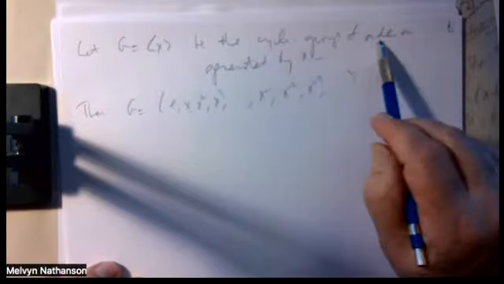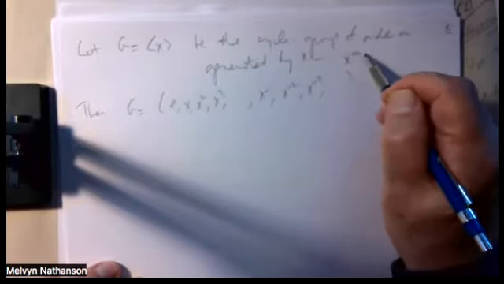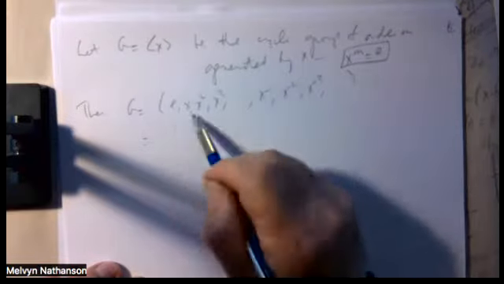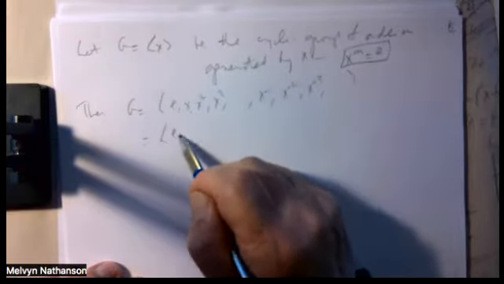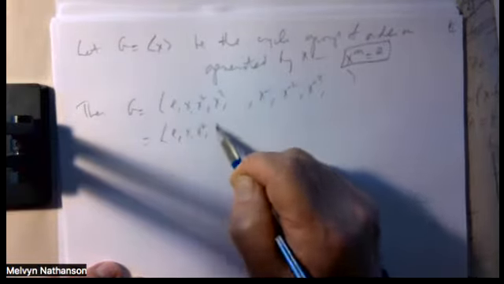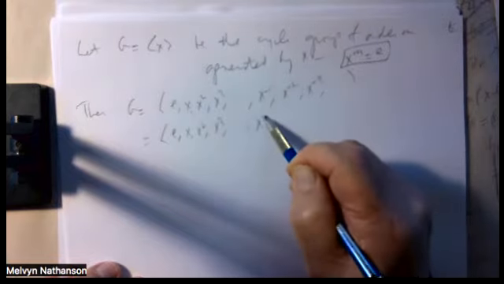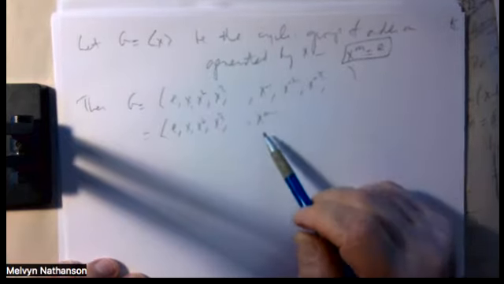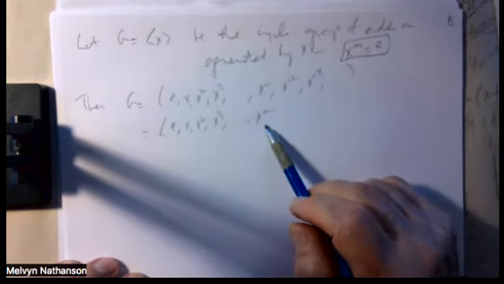But because this is a cyclic group of order M, that means X to the M is the identity. So when you're taking the positive powers of X, you get up to X to the M minus 1. If you multiply this again by X, you get the identity. You're back where you started.